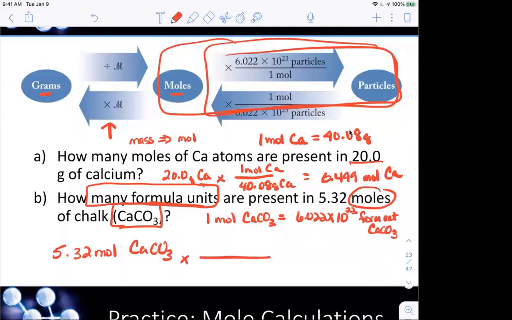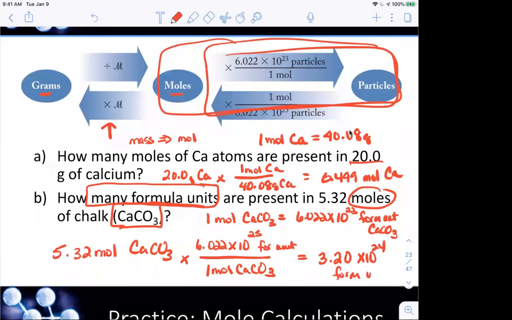So here, for every 1 mole of CaCO3, I have 6.022 times 10 to the 23rd formula units. And that gives me 5.32 times 6.022 EE 23, and I get, to 3 sig figs, 3.20 times 10 to the 24th formula units of CaCO3.